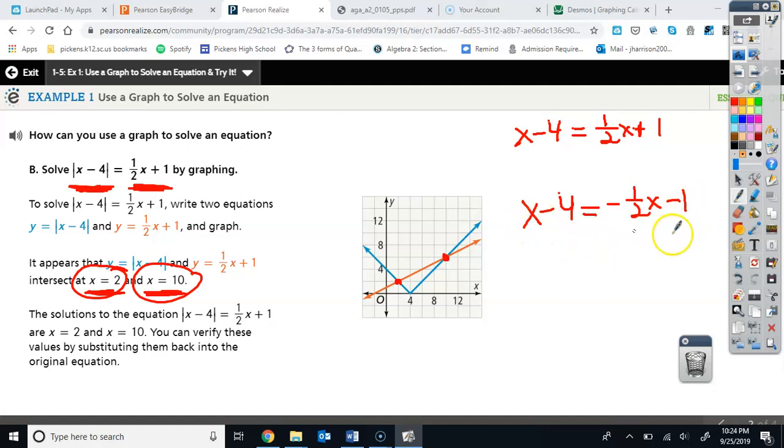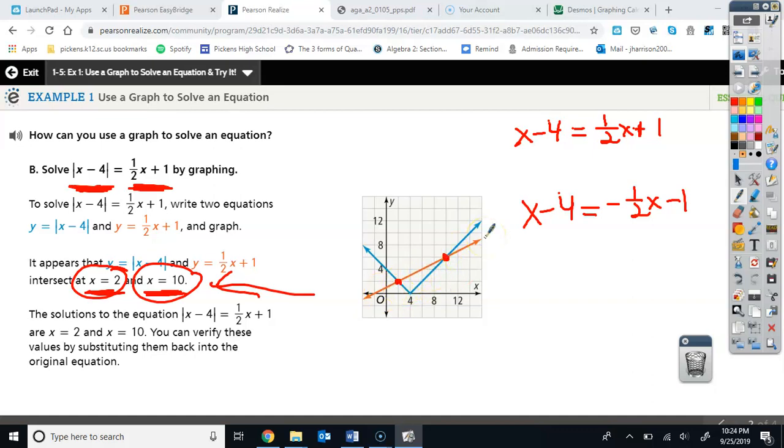If I solve this equation, I would get these two answers right here. But for most of us, this would be a little bit uglier than just learning how to graph this, and seeing where they cross.